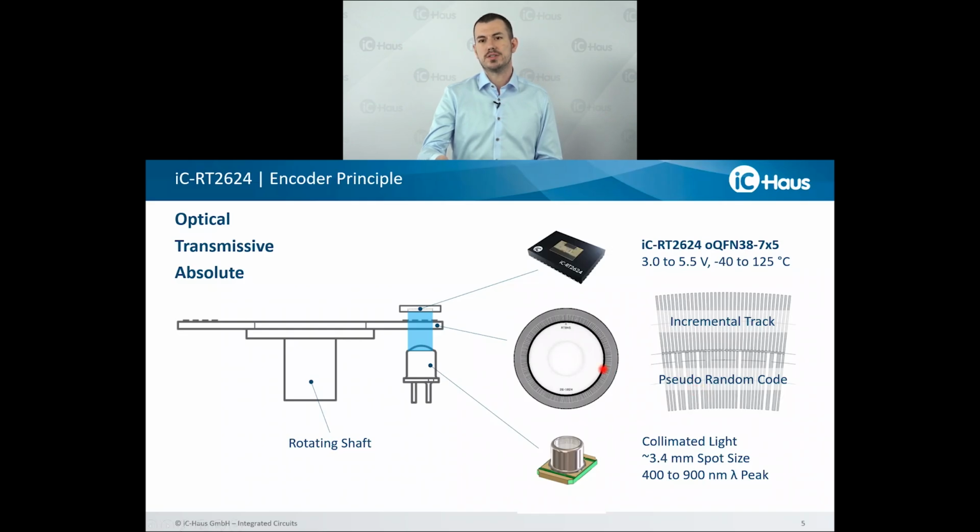That provides a coarse absolute position. Within that coarse absolute position, the incremental track is used to generate sine cosine that is interpolated on chip with 16 bits per sine cosine cycle, ending up in the 26 bits of resolution.